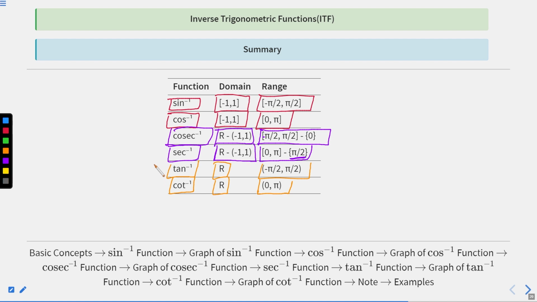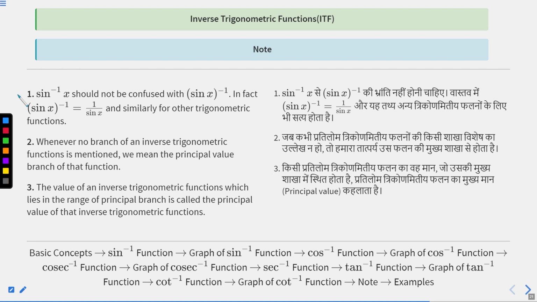Let's move to next. Now, notes. The important notes are given over here. So, the first note says, when we are saying the inverse function, sine inverse, don't confuse it with this thing. Any inverse function we studied, please do not confuse it with this notation, because this is not equal to sine x whole inverse, and this means what? 1 upon sine x.